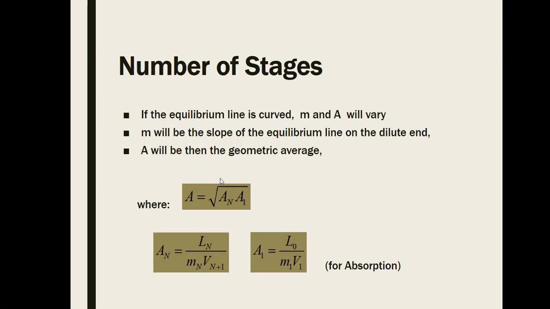It is suggested that the slope that you will use is the slope of the equilibrium line on the dilute end. So you have to find the dilute end of your column, project it on the curve, and get the slope of the equilibrium curve at that particular portion. So you use the slope of the equilibrium curve at the dilute end if your equilibrium curve is not a line but rather a curve.